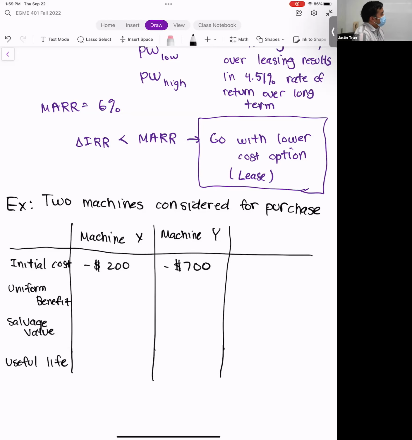And so we'll say the initial cost for machine X is going to be $200, whereas the initial cost for machine Y is going to be $700.